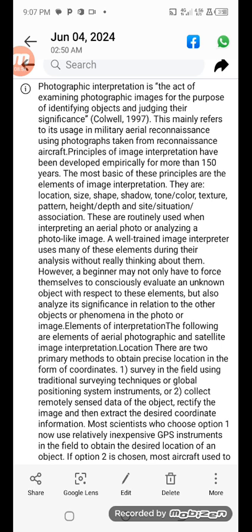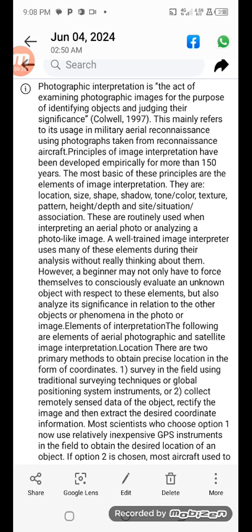You can use a football stadium. You can also use shape. You can also look at the shadow. For example, using the shadow, you're able to even tell the time. You can use tone and color. For example, if you see blue, you'll know it's water. You see green, you'll be able to conclude perhaps it's vegetation.